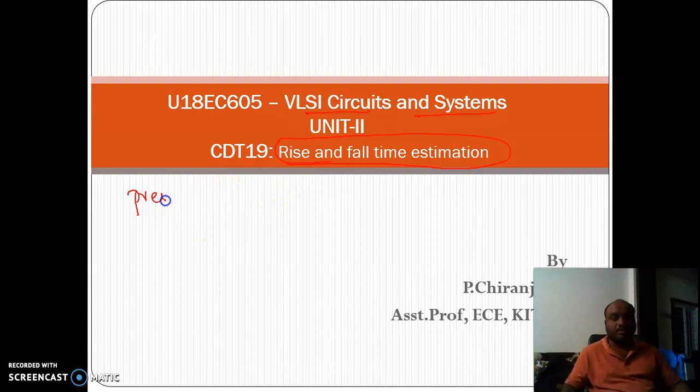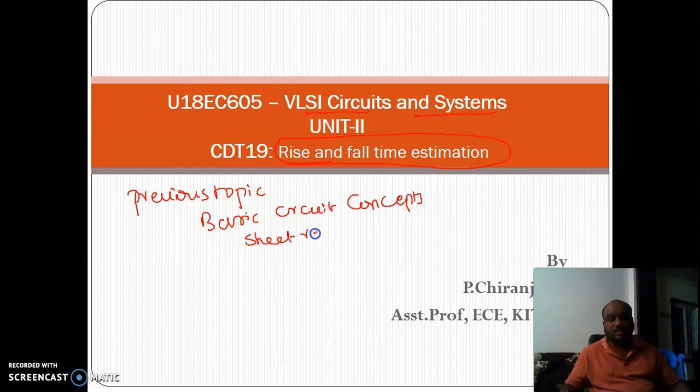In our previous topics, we have been continuously focusing on basic circuit concepts. As a part of these, we started with the sheet resistance of layers, then the capacitance of layers, which we call area capacitance, followed by the delay unit, then the inverter delays.